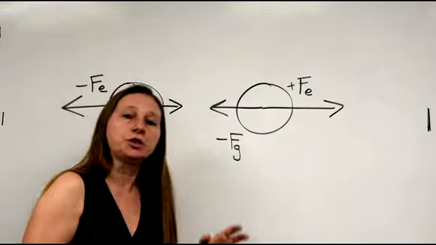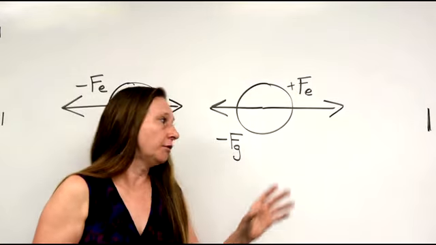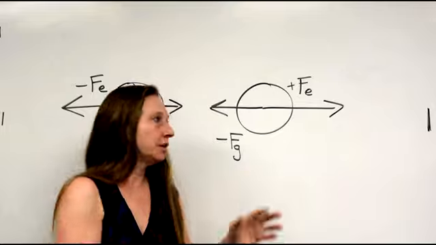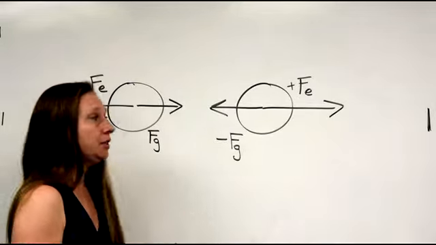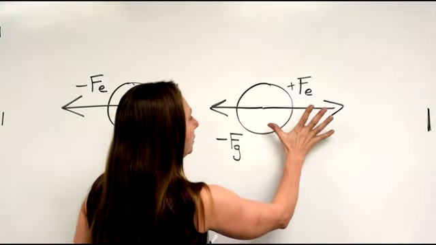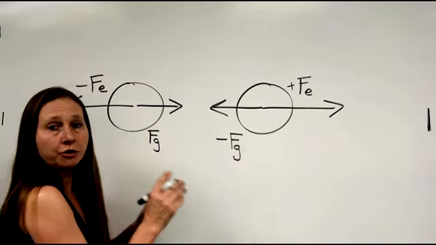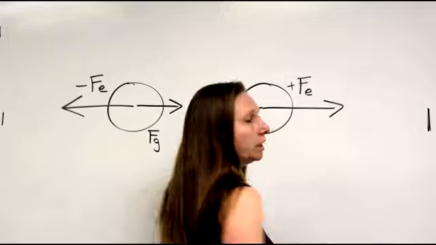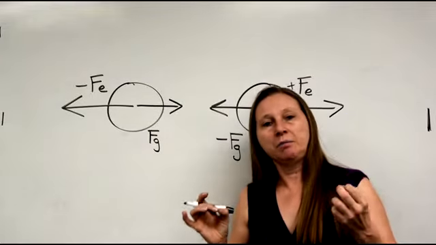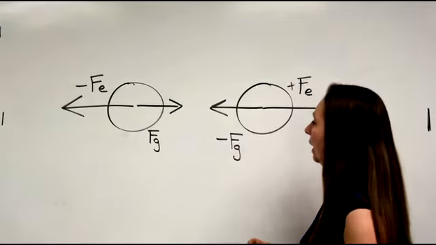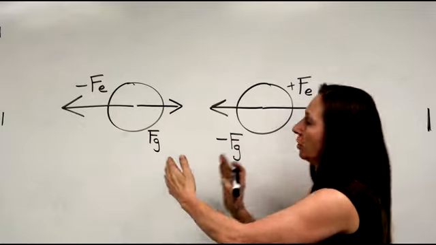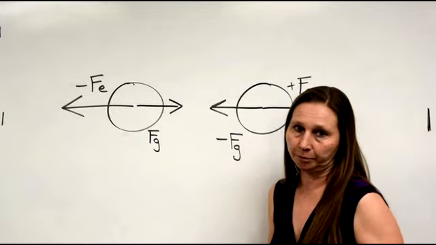I can't do the scale of the differences justice in this diagram. Suffice to say, the electrostatic force has a greater magnitude than the gravitational force. The electrostatic force that is pushing the protons apart has a much greater magnitude than the gravitational force that is trying to keep them together.